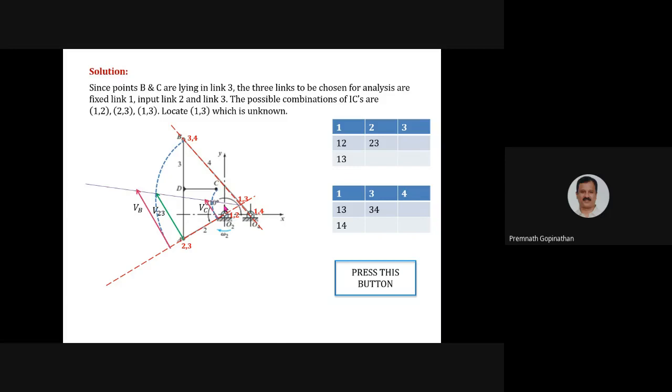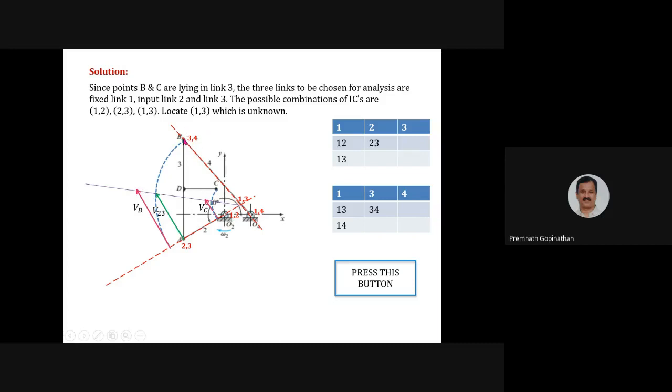Okay. Now, if I want to find the angular velocity of link 4, you have to choose the velocity of point B. Point B is actually 3, 4 itself, instantaneous center 3, 4. That means point B is also lying on link 4. That's what you can infer from this instantaneous center 3, 4.